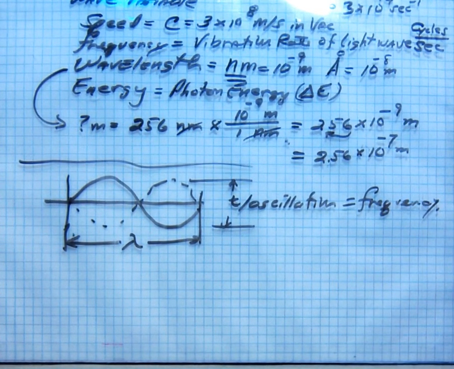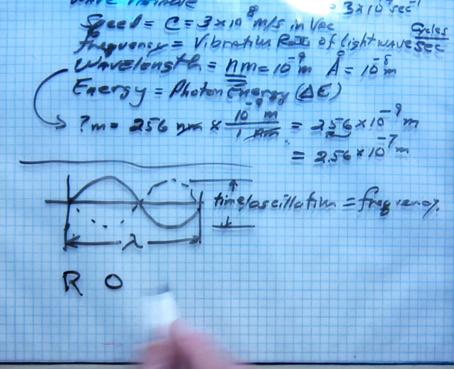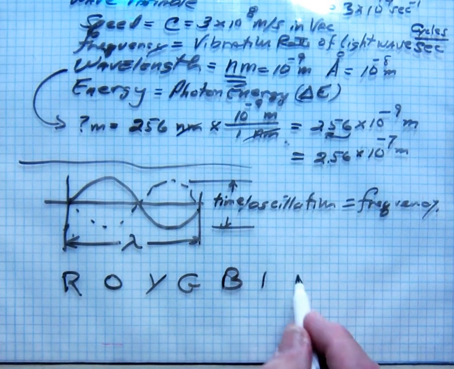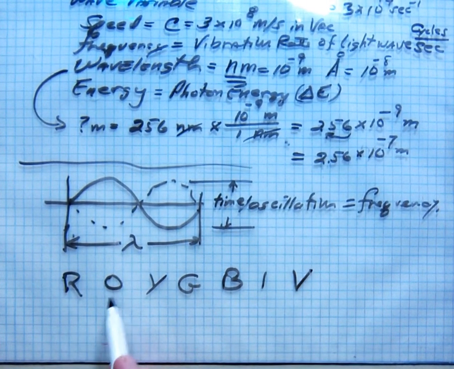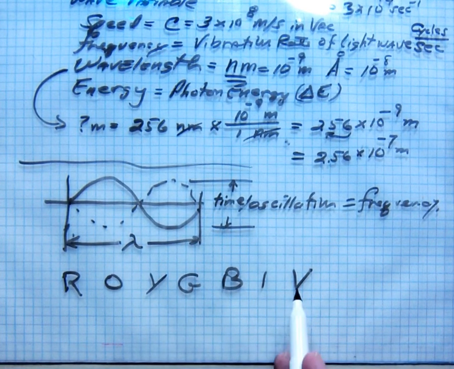Now, the colors of the rainbow, I'll let y'all get that down real quick. Share with you, and this you already know. What do you know about the order of the colors in the rainbow? Roy G. Biv, right? Okay, so colors: red, orange, yellow, green, blue, indigo, and violet.